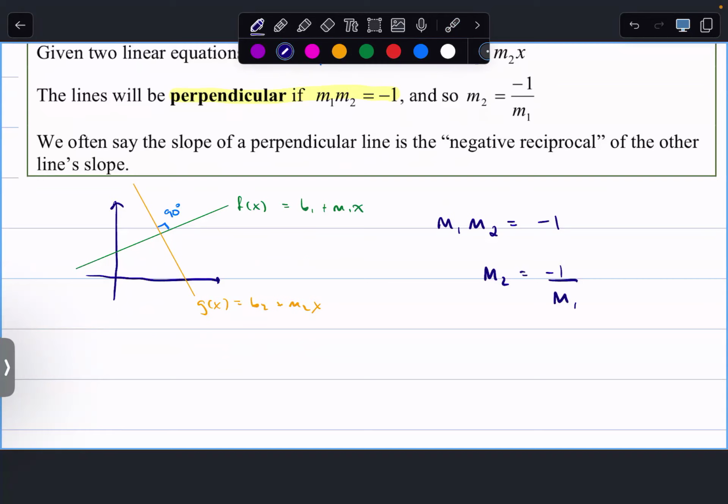Which is usually how we end up using this formula. But I do find this a little bit easier: if I multiply the two, I have to get to -1.